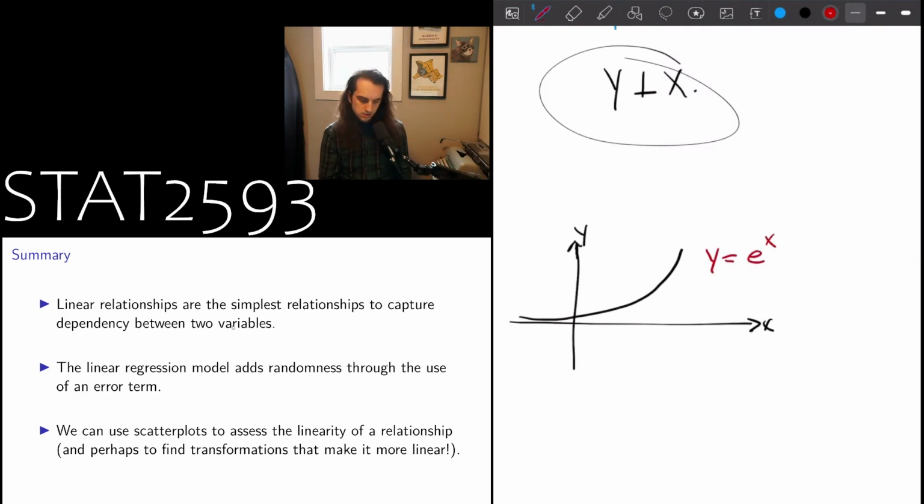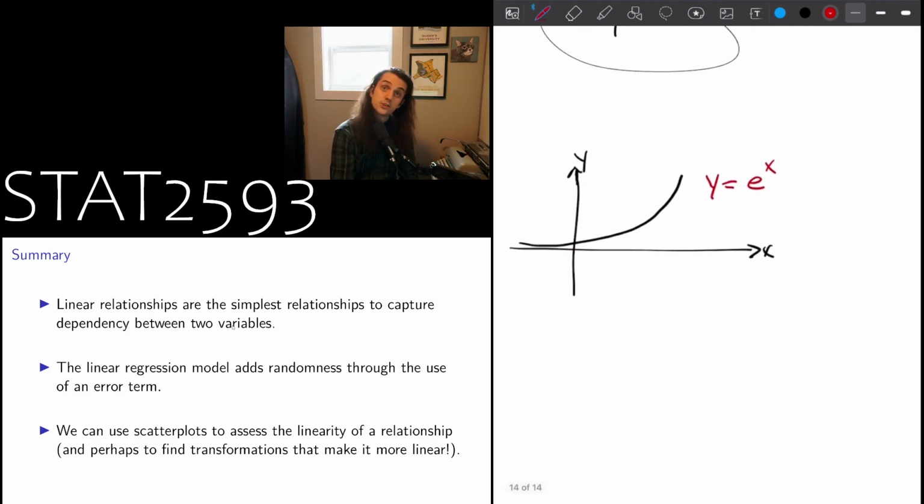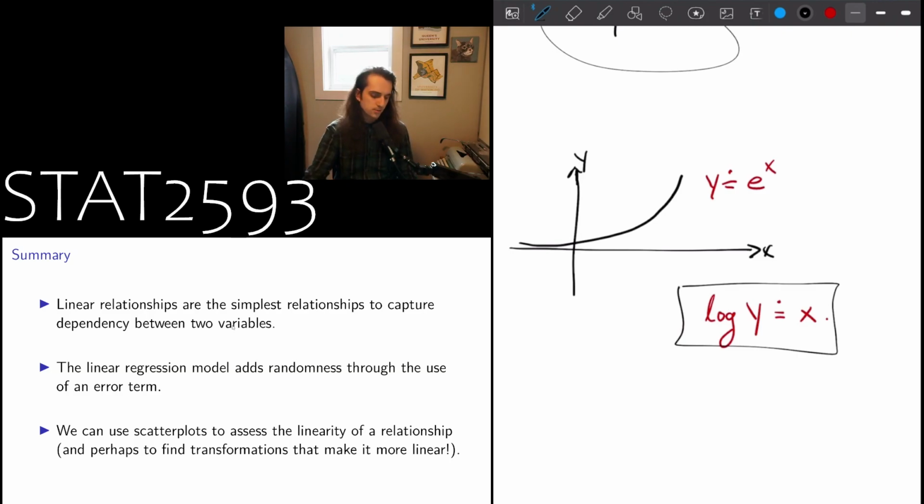And so if you imagine taking the log of both sides here, then you'd have log y is going to be approximately equal to x. And so in this case, if we were to actually transform our data and take the log of y, that would be an approximately linear relationship. So the scatter plots are going to help us see, do these types of transformations seem to make sense? And if they do, we can apply them and then use the tools there.